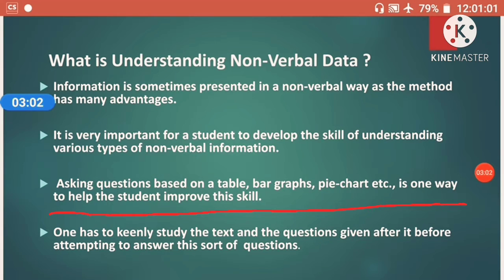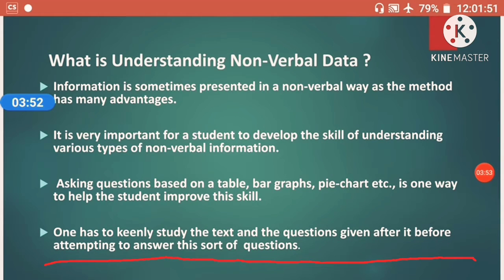So what we have to do is understand the table or bar graph or pie chart, and whatever data has been represented in that way, we have to keenly observe everything mentioned in it.